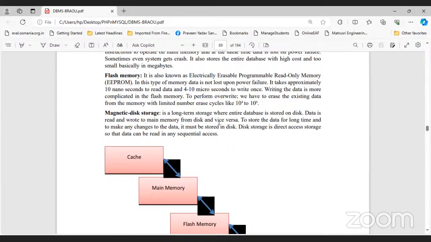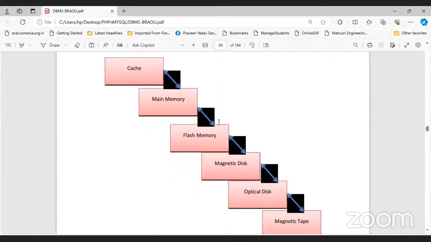You can save directly from main memory to the disk and vice versa, so you can use this for a long time. That is the magnetic disk storage.